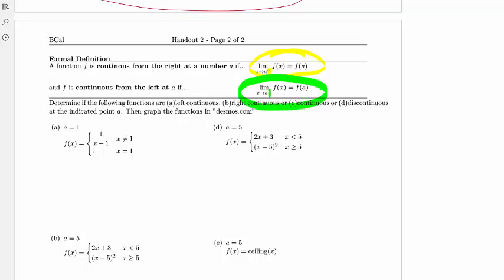First thing we note, if we're looking at 1, what happens if we take a limit from either side? Let's say the limit as x approaches 1 from the left of f of x. Well, basically this is f of 1 minus some small number, epsilon. And so we plug that in: 1 divided by (1 minus epsilon minus 1).